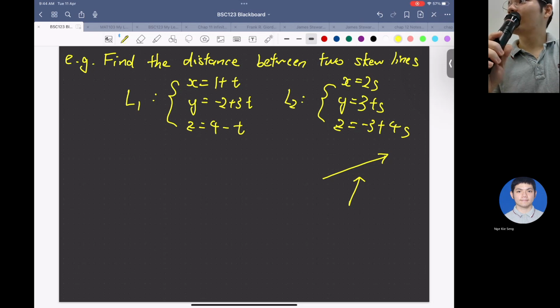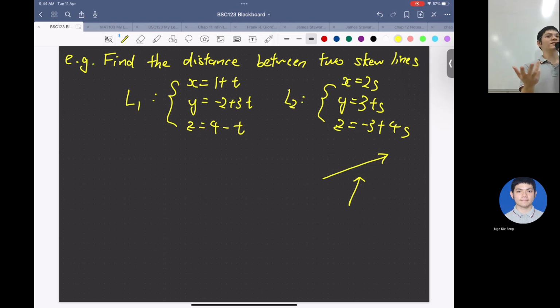If you somehow extend these two skew lines, they actually sit on two parallel planes. Make sense? You can find two parallel planes that they sit on.